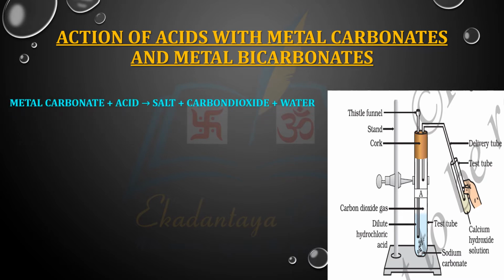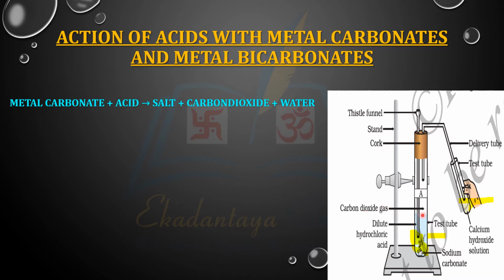Here, in the first test tube, sodium carbonate solution is taken, and in another test tube, this is test tube A and this is test tube B, with a delivery tube, a thistle funnel, a stand and a cork.